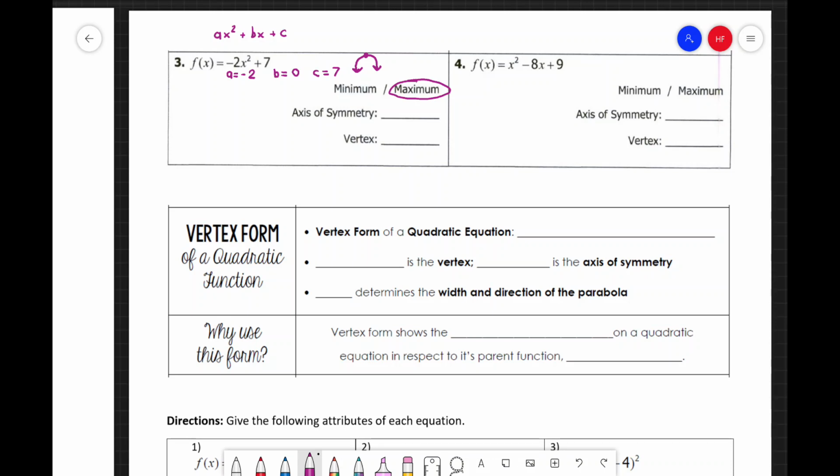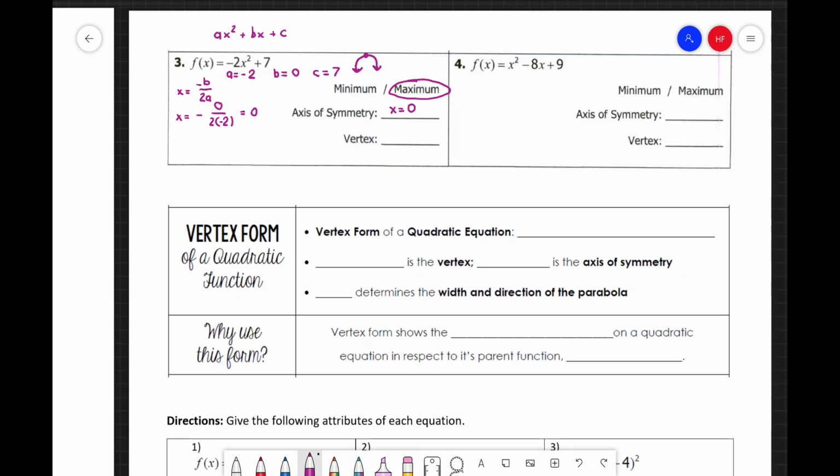For the axis of symmetry, we get x equals negative b over 2a. So x equals negative 0 over 2 times negative 2. Since we have a 0 on the top, it's going to end up a 0. 0 divided by anything is 0. So my axis of symmetry is x equals 0.